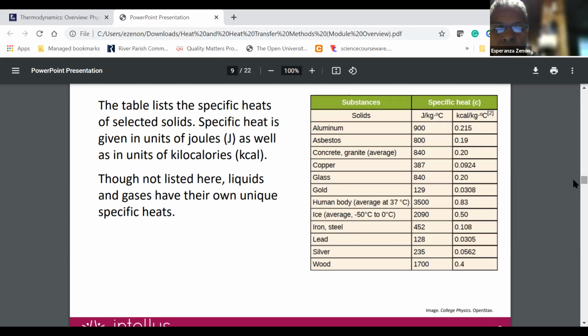So that's the significance of having a smaller or larger value, but each material has its own value. The smaller the value, the better it heats up and cools down. The larger the value, the more difficult it is to heat it up and cool it down.